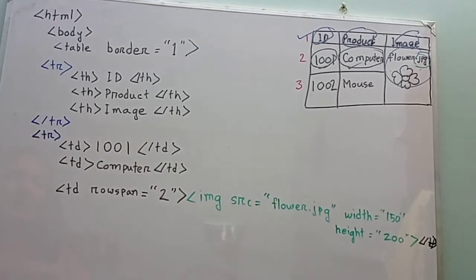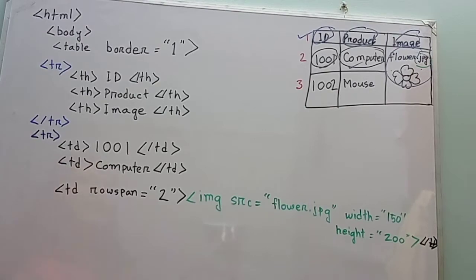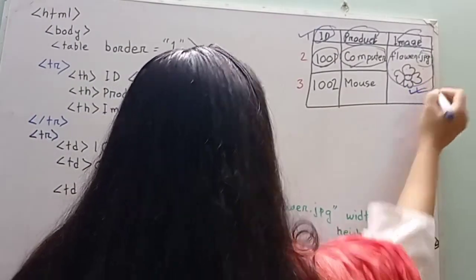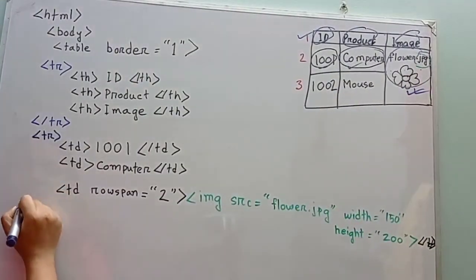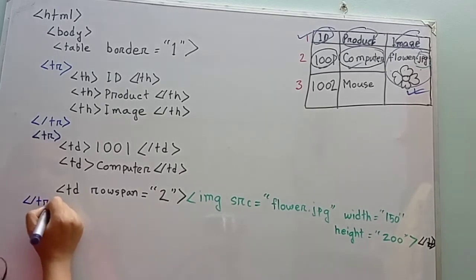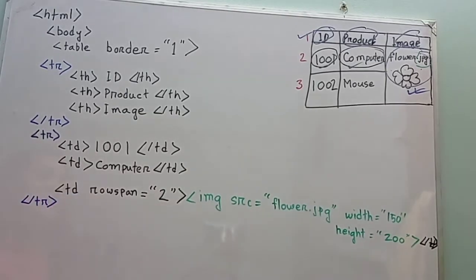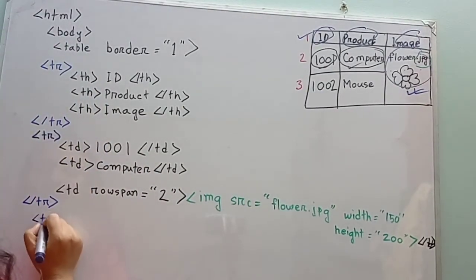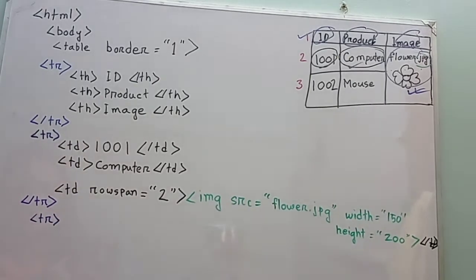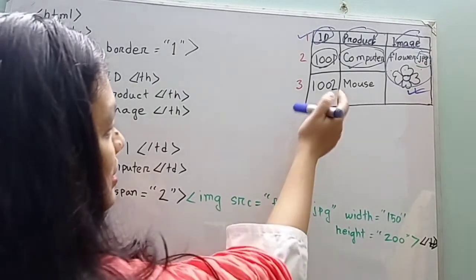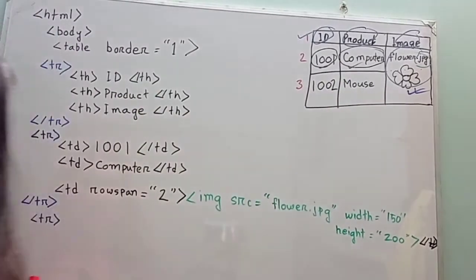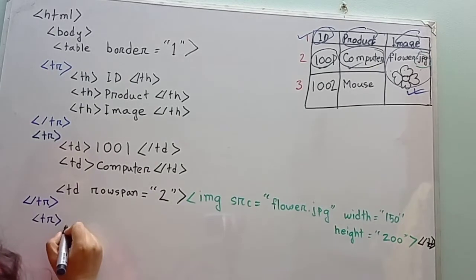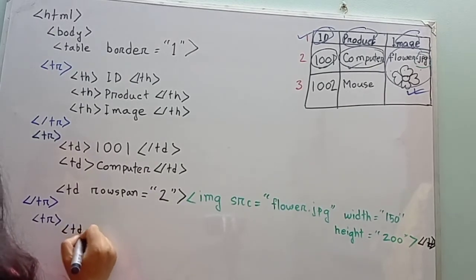And next, what I have to do, I must close this, as we have completed the work of this row, so we should close the tr tag. Now come to the last row, that means the third row. So let's start tr. As you can see, there are only 2 data, this and this, so only 2 td tags will be used here. So I will write td.